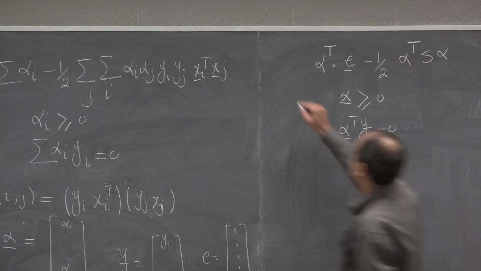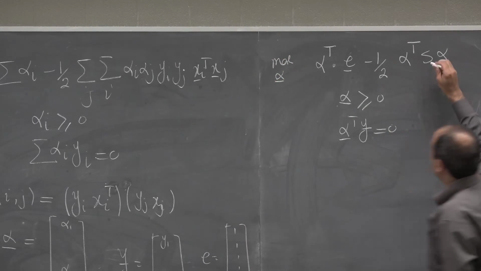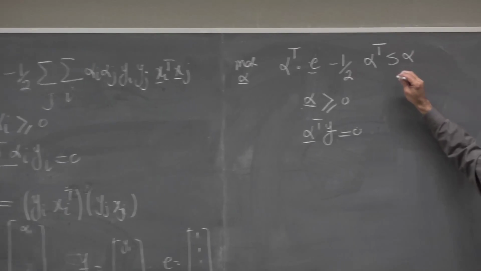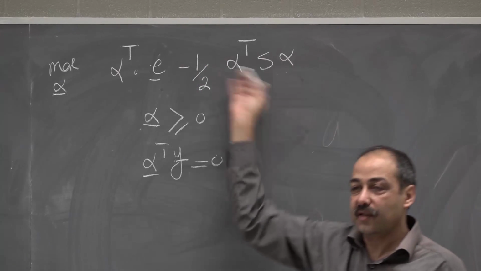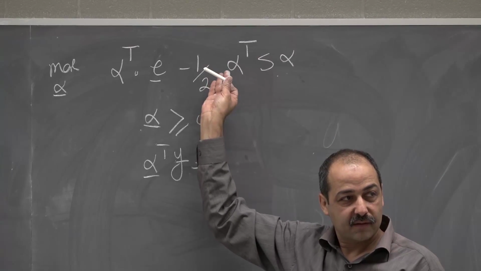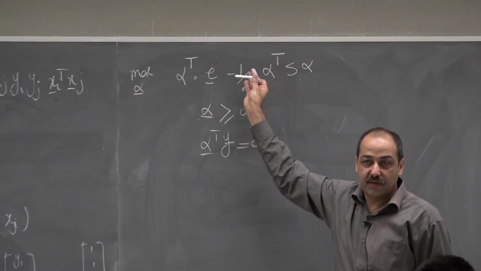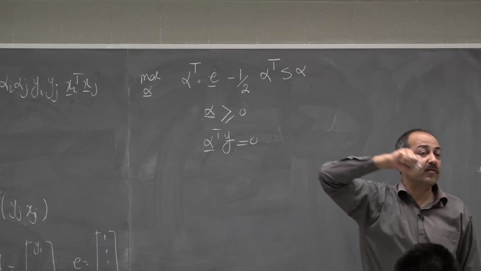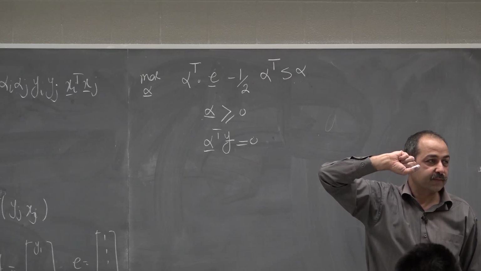So in matrix form, I have to maximize this for alpha. This is clearly quadratic in terms of alpha. If S is positive semi-definite, this is convex. If S is not positive semi-definite, it's not convex. Even if S has one negative eigenvalue, it's not a convex problem.